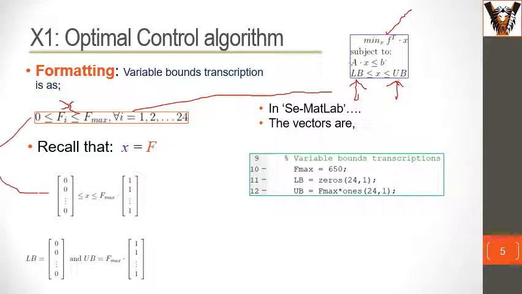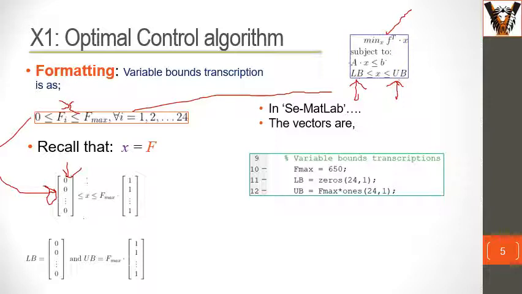which then translates to, for each and every hour, so if you have x for hour 1, 2, 3, up to 24, then the lower bound for each of those x's will be 0, which means now we have a 0 vector, which is 24 by 1 in terms of size. And then the upper bound will have to be f max.